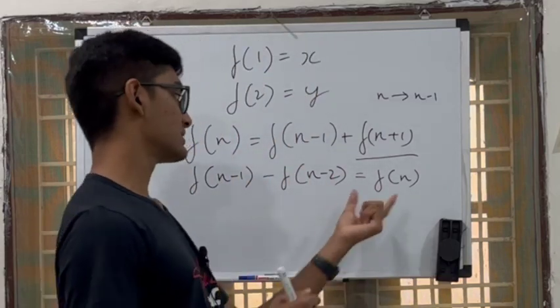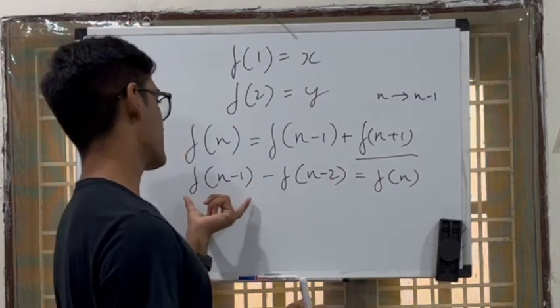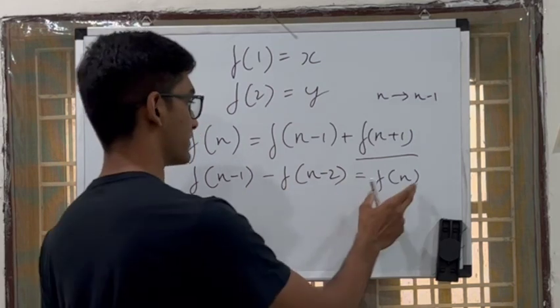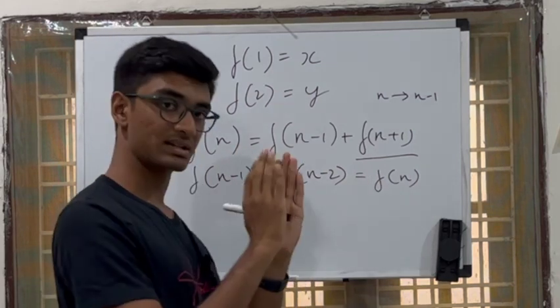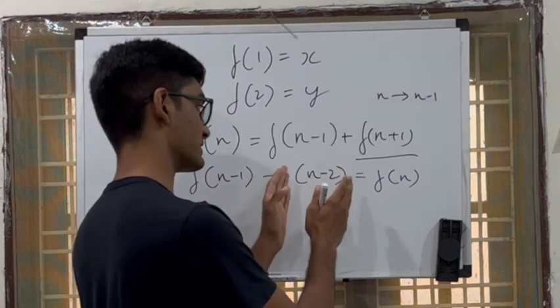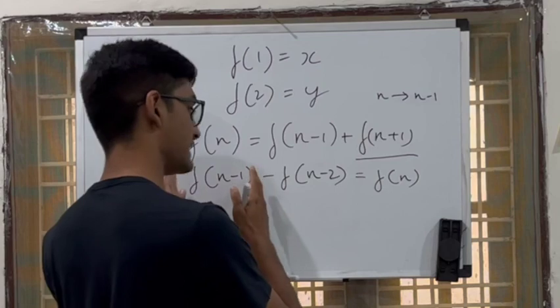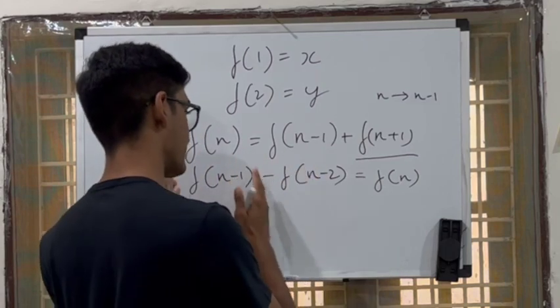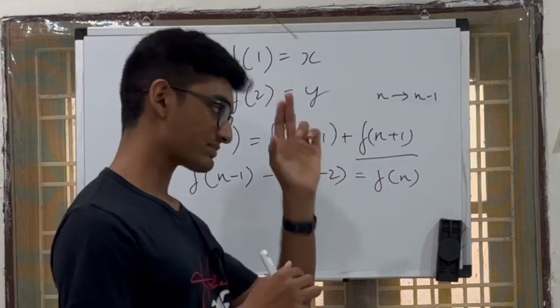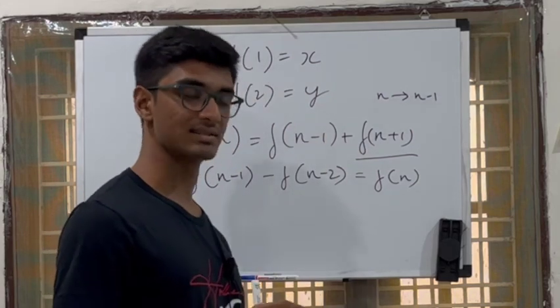Let's take 1000. f(1000) is f(999) minus f(998). And f(999) is f(998) minus f(997). And f(998) will again be f(997) minus f(996). For just one thing, you have to go through a whole stack.